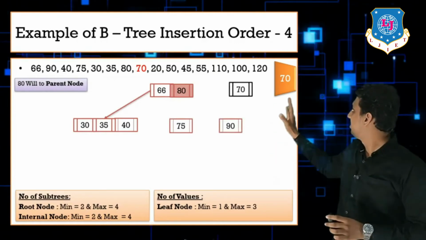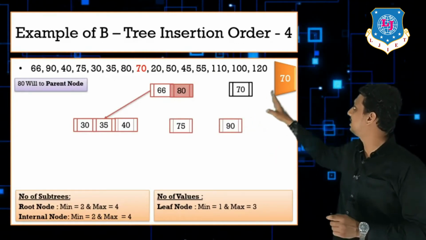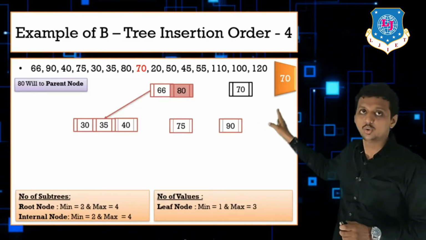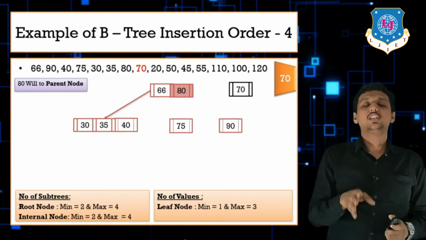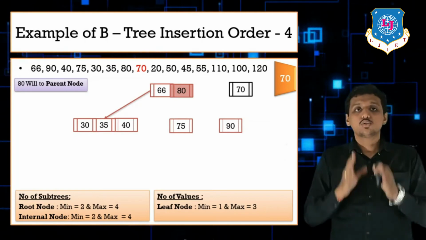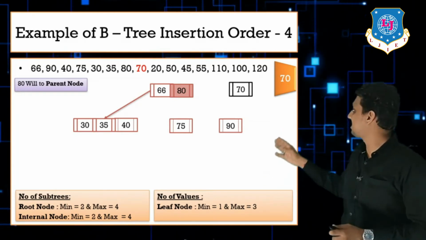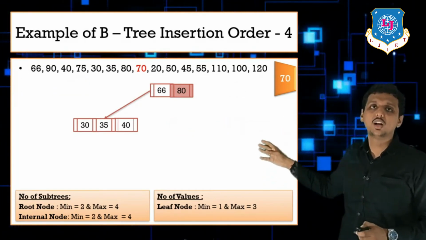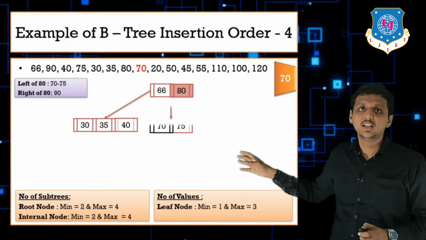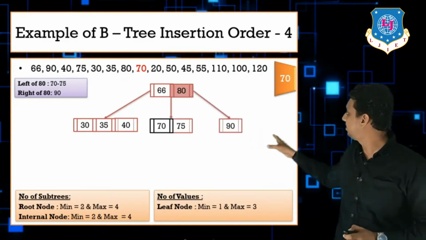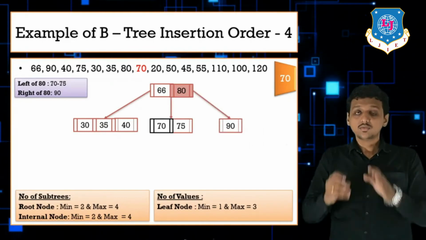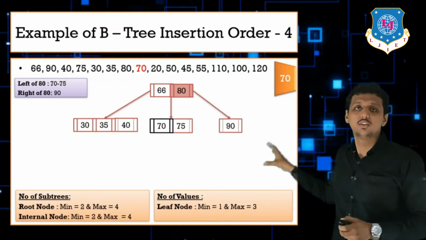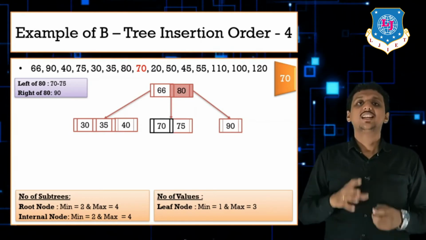One is less than 80, one is greater than 80. So 80's left pointer must point to the values which are lesser than 80. So students, 70 will go with the 75 and it will become the left pointer of 80, and on the right side of the 80 we have 90. So this becomes our new figure after inserting 70.